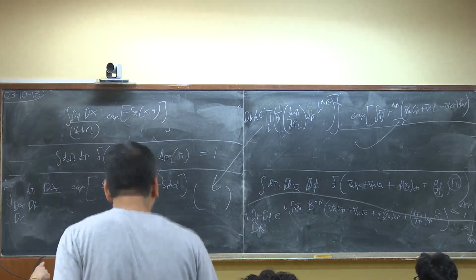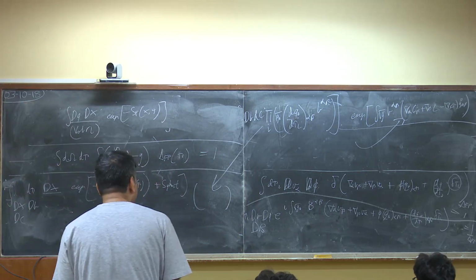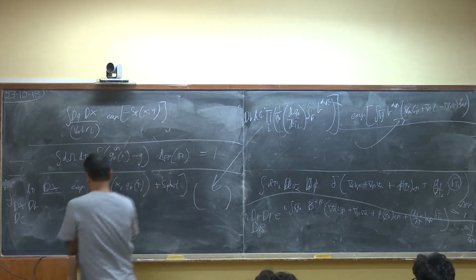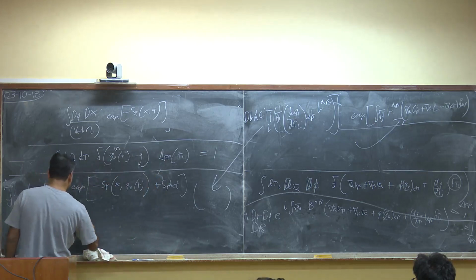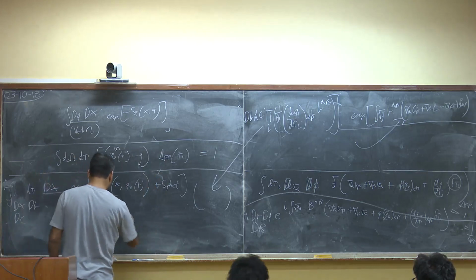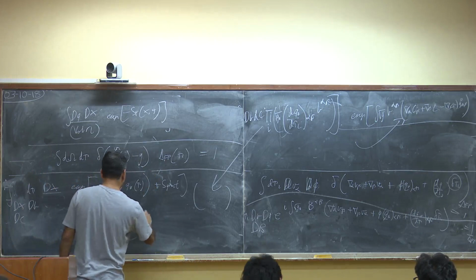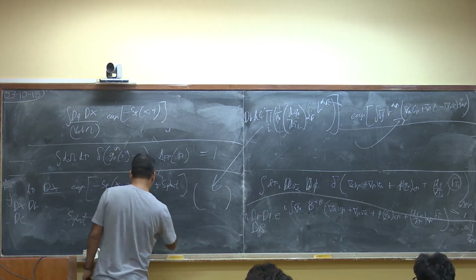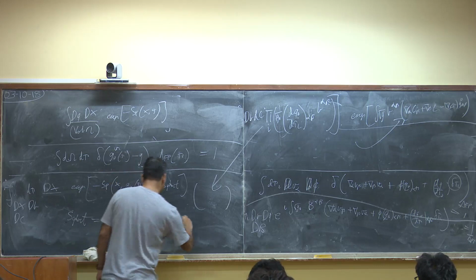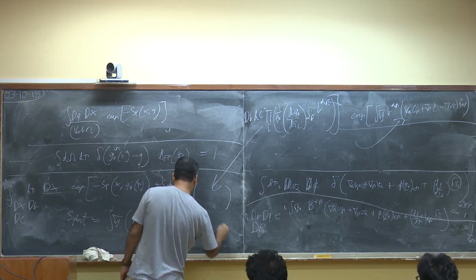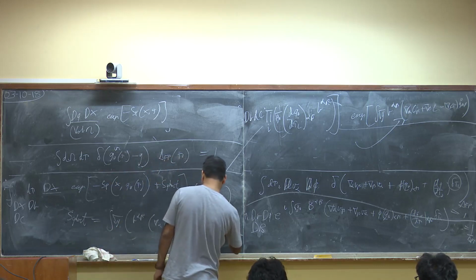What? That ghost action is up here on the right? That ghost action is up there. Yes, S ghost is equal to the integral of square root g b alpha beta del alpha c beta plus del beta c alpha minus del dot c g alpha beta.